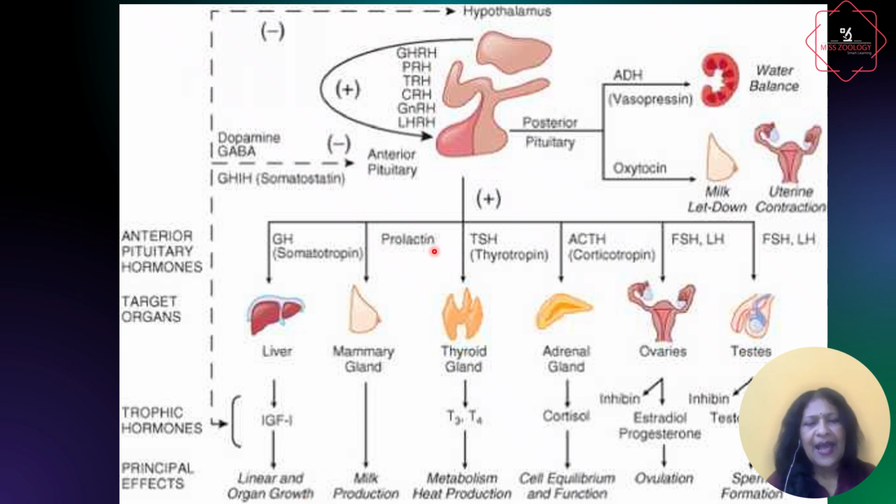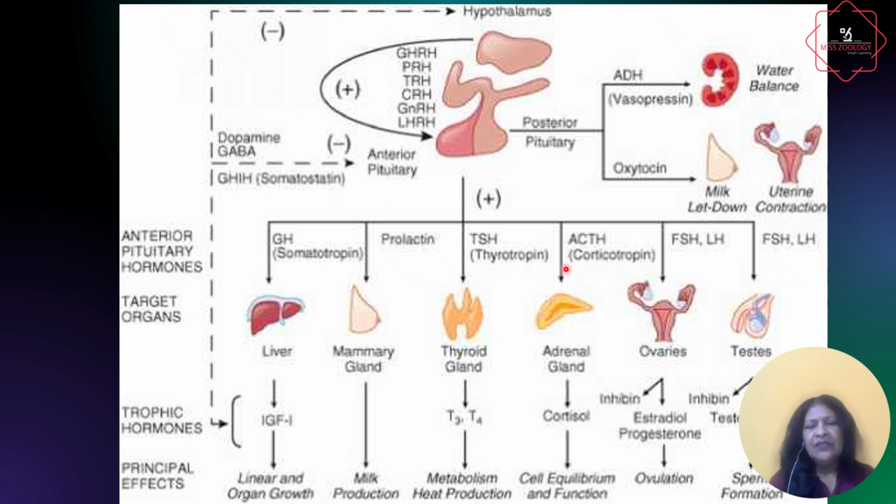Similarly, you have prolactin, which will act on the mammary gland and will produce milk for the newborn baby. Then it is thyrotropin, which will activate thyroid gland to produce more T3 and T4 and thus regulate the metabolism or the heat production in the body.